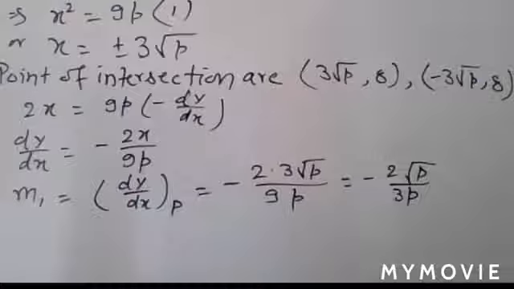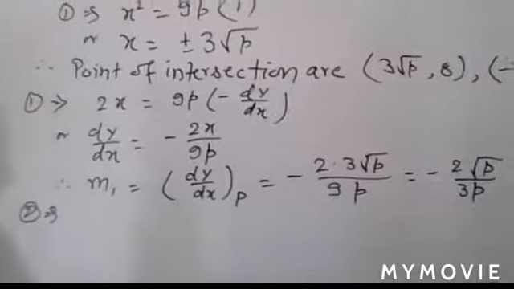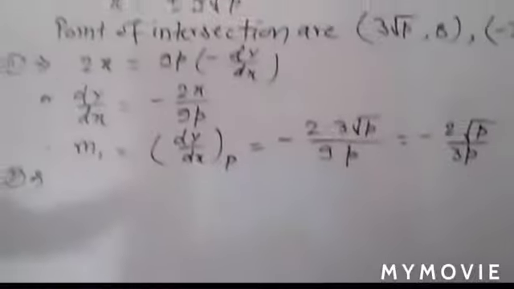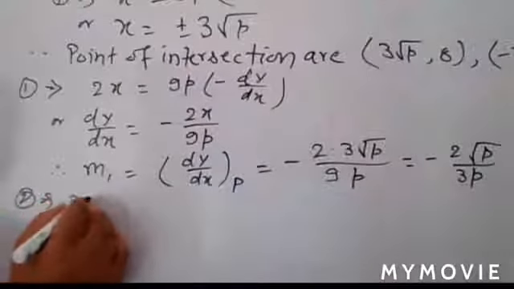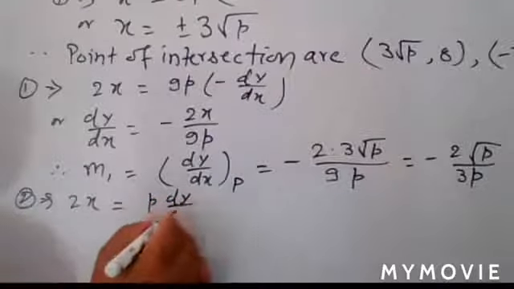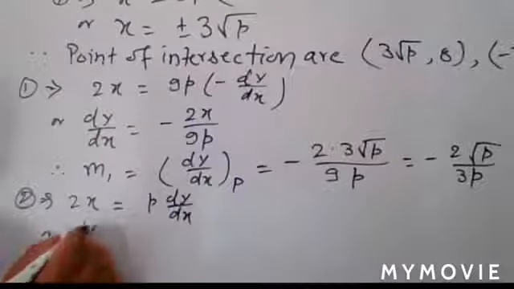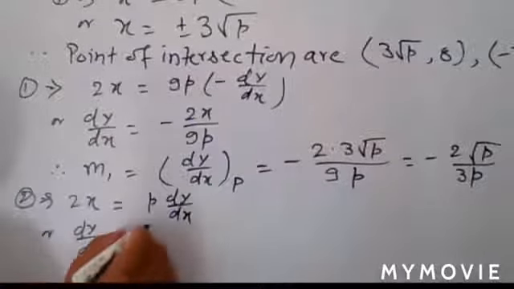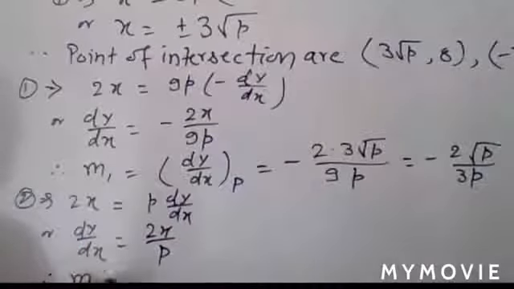Understand? In the same way, you differentiate the second equation. Differentiating the second equation with respect to x, you have 2x is equal to p into dy by dx. So the value of dy by dx is equal to 2x upon p, or the value of m2.